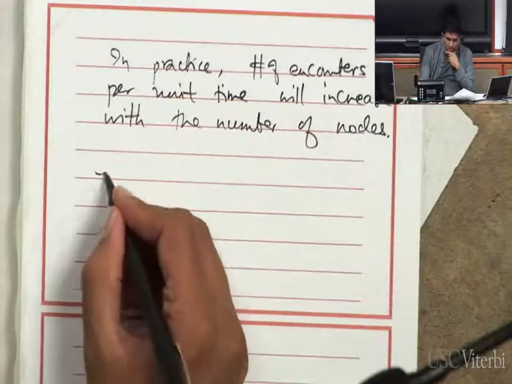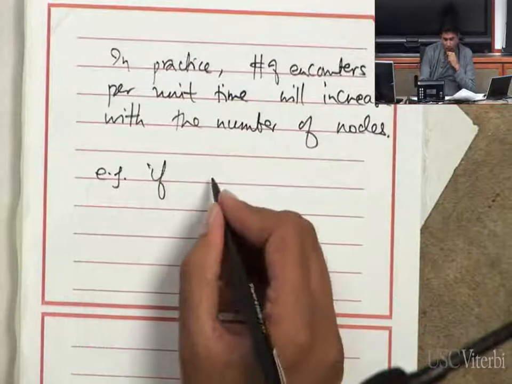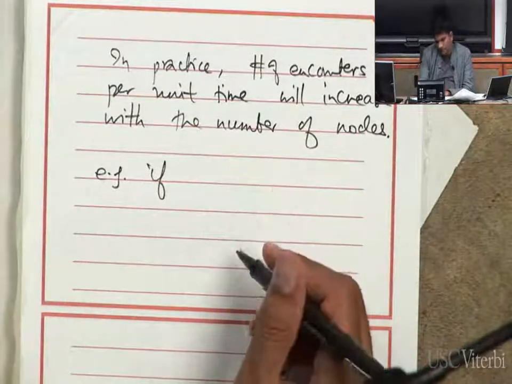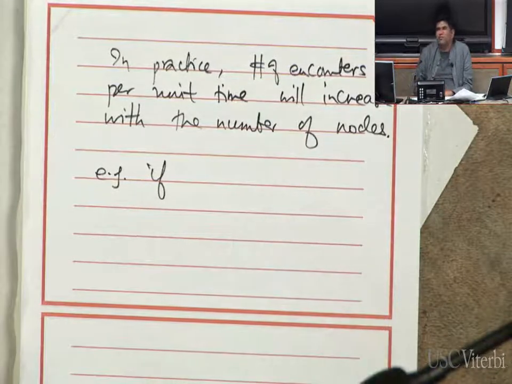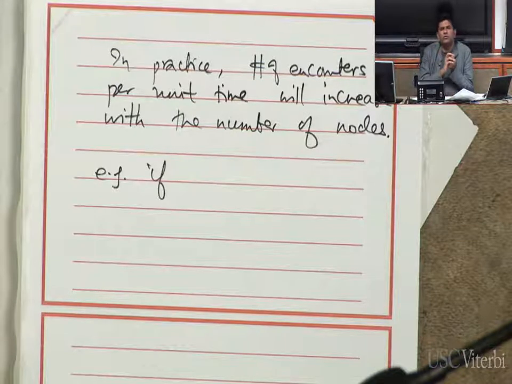Okay. Example, well, I don't know what's a simple way to see this, but one intuition you might have is that there's sort of a constant rate with which each node might meet some other node. And so if you're increasing the number of nodes total as n, the number of pairs of nodes is increasing as n squared.